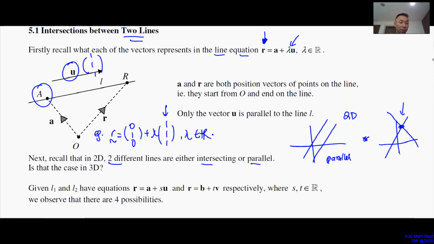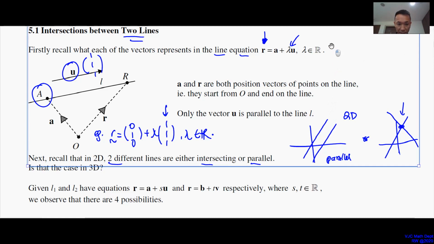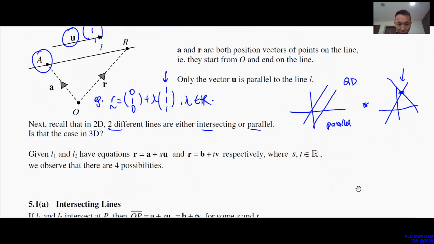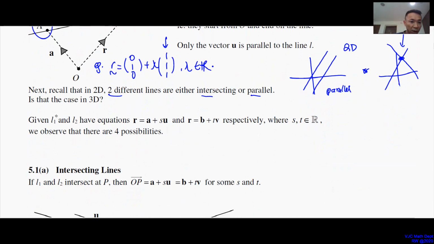Now, let us suppose in 3D, two lines, L1 and L2, have these equations, where u is the direction vector of L1, v is the direction vector of L2. We observe that there are actually four possibilities. I repeat, four possibilities here.